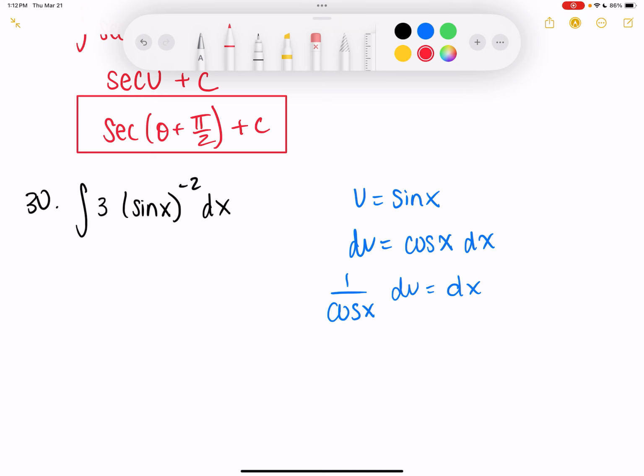I'm going to move the 3 out front. I don't think we can move that 1 over cosine out front because it has an x in it. And I also can't have stuff with x's left in it.